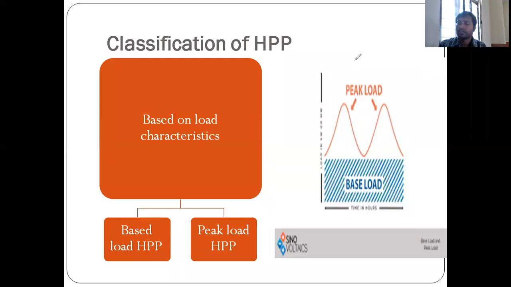When availability of the water is less, we need to use the water for peak loads only, and for the base load we should not use the hydro power plant; we should use the thermal power plant and nuclear power plant for base load during the unavailability of the water.